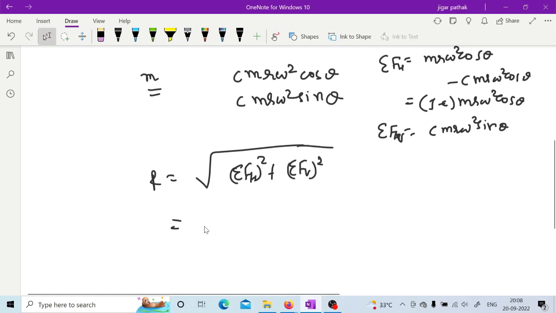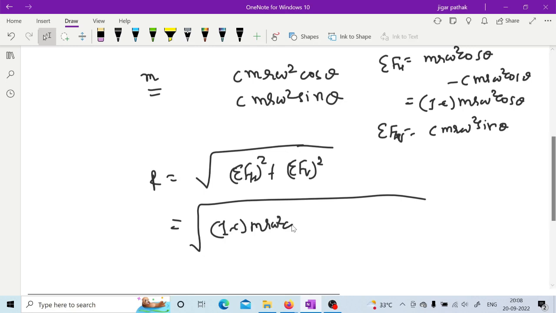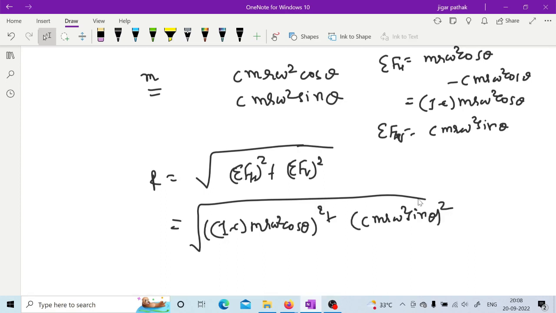So the total resultant force in these reciprocating masses will be (1 minus c) m r omega square cos theta whole square plus c m r omega square sin theta whole square. So this is how you will have your resultant in the case of reciprocating masses. This is the particular case of reciprocating masses.